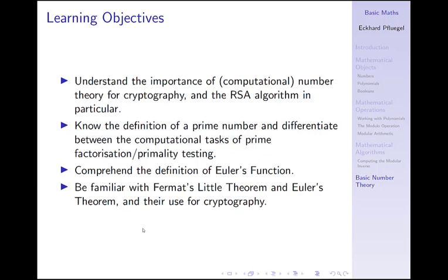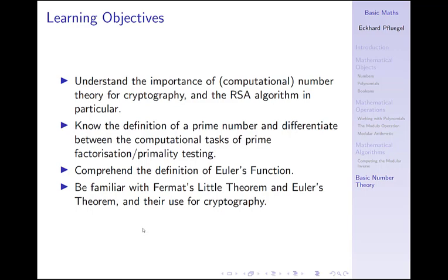So let's start with the learning objectives. So first of all, to understand the importance of number theory and computational number theory in particular for cryptography and for the RSA algorithm in particular. Then to understand the definition of what a prime number is, and to appreciate the difference in terms of computational effort and efficiency of prime factorization and primality testing.